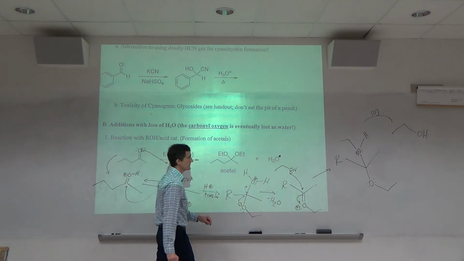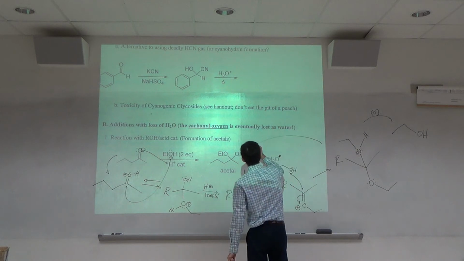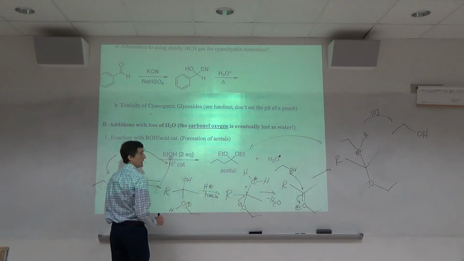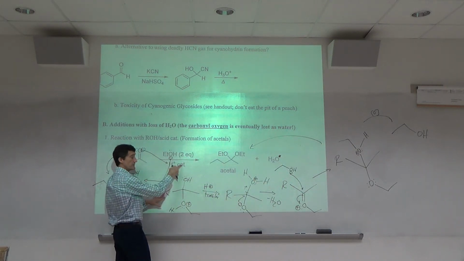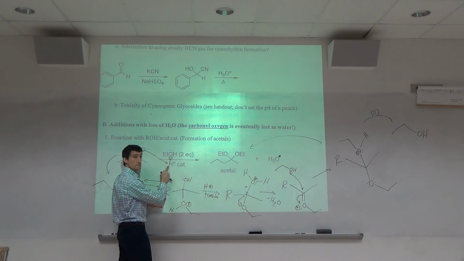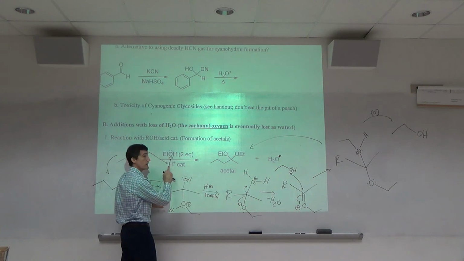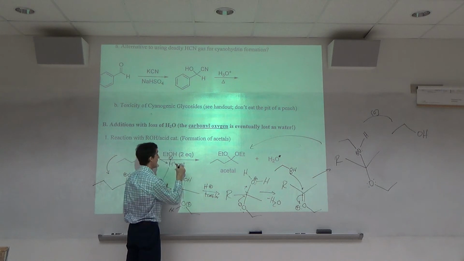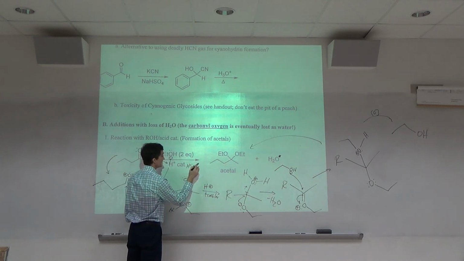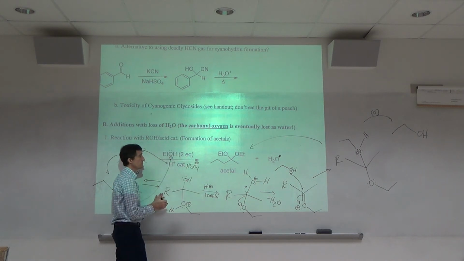How do we get the final product? Something takes the H. There's got to be a minus here. What acid did we use? Okay, we used sulfuric acid, so there's a minus there.